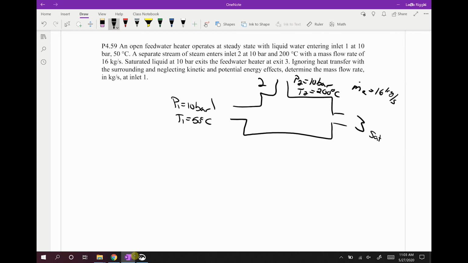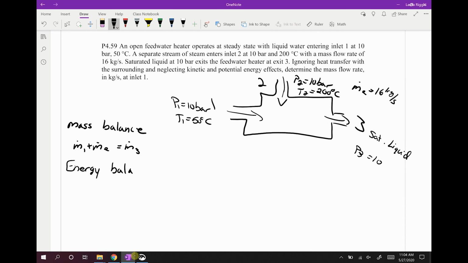We have saturated liquid, and P3 is equal to 10 bar at our exit. So we start with our mass balance. We have mass flow rate 1 plus mass flow rate 2 is equal to mass flow rate 3. So what comes in has to equal what goes out.